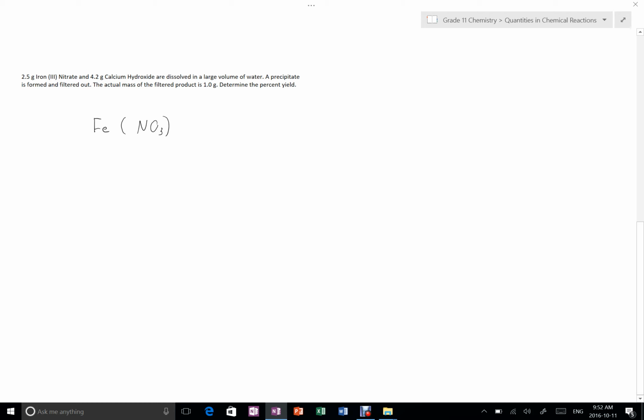So iron nitrate, and it's iron 3 nitrate, plus calcium hydroxide, and it's calcium 2 plus, so that crosses over, iron 3, so that crosses over, to produce calcium nitrate, which is the soluble one because it has the nitrate, and iron hydroxide.